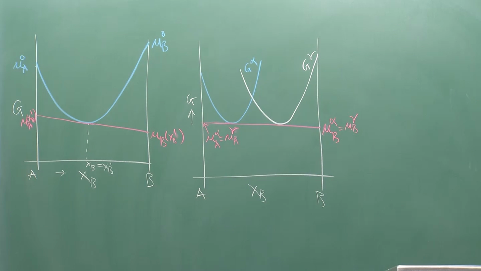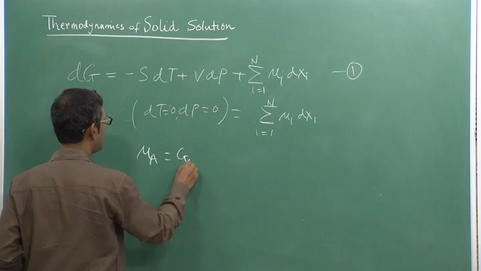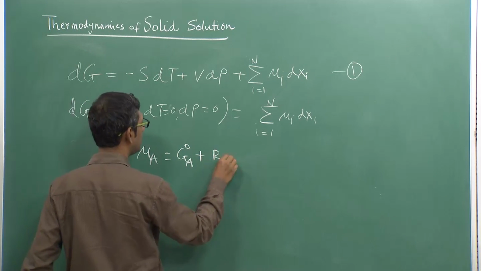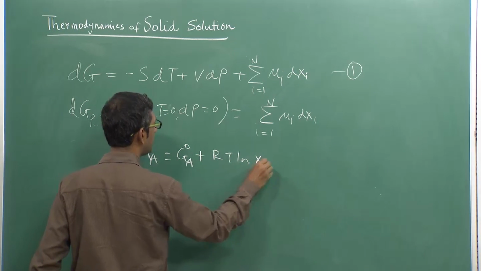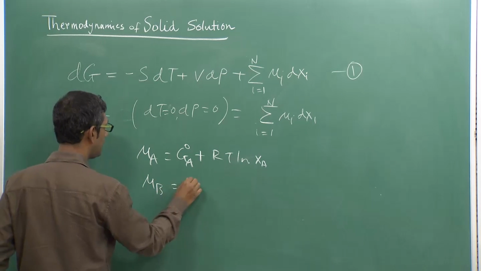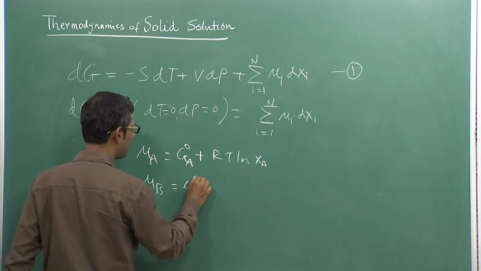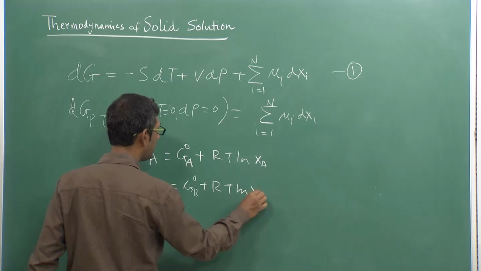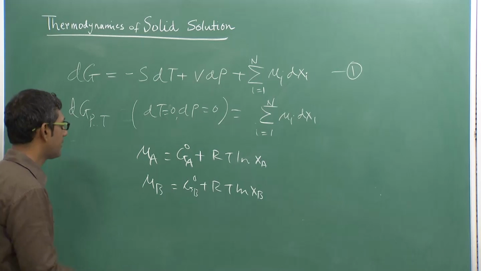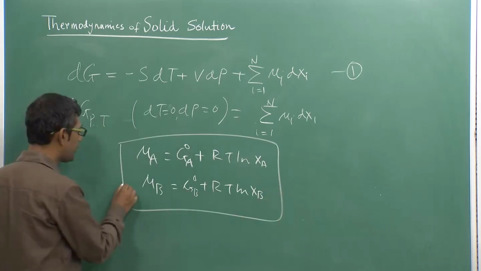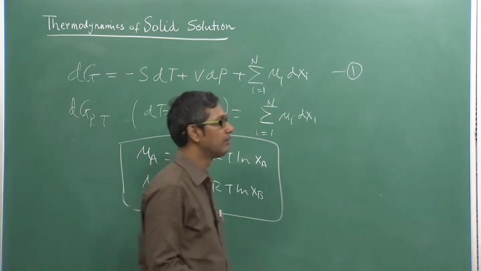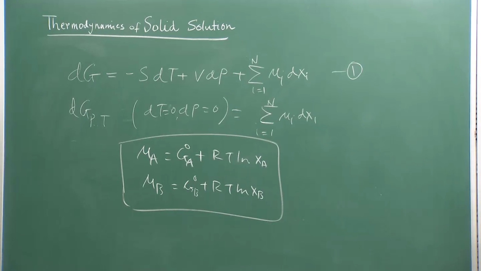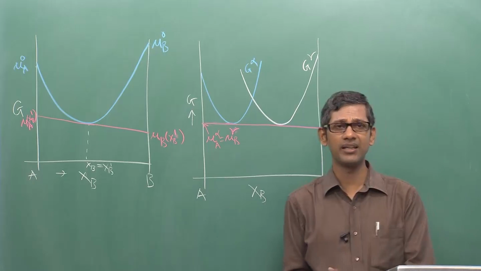So, I can write down the chemical potentials for the binary system as mu A equal to G A 0 plus R T log of x A, and mu B is G B 0 plus R T log of x B. Okay. So, those are the derived equations of the chemical potentials, but in most cases we will not apply these equations algebraically, we will apply very simple constructions. Okay. So, that is the recap from the last lecture.